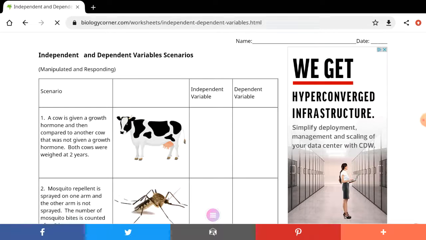So it's hard for us to understand some of these scenarios. So scenario 1, there's a picture of a cow. It says a cow is given a growth hormone and then compared to another cow that was not given a growth hormone. Both cows were weighed at 2 years. We have to try and pick out the independent, the dependent, and the controlled variables in that scenario.